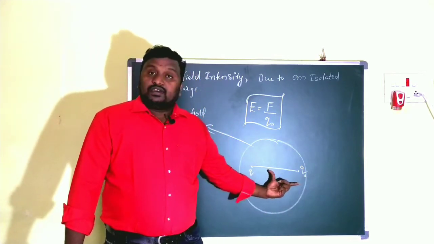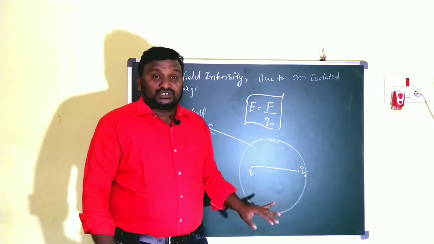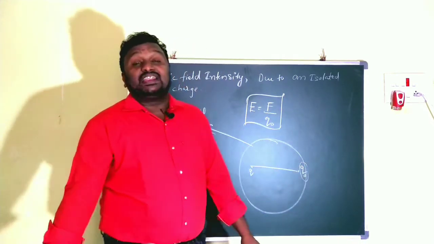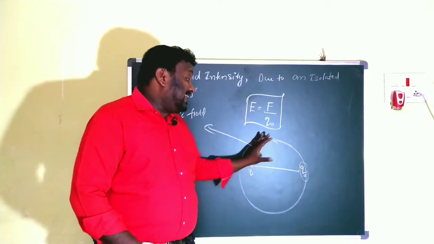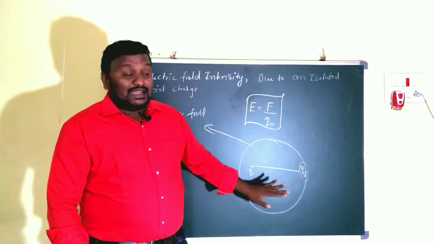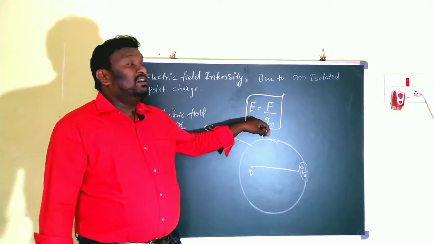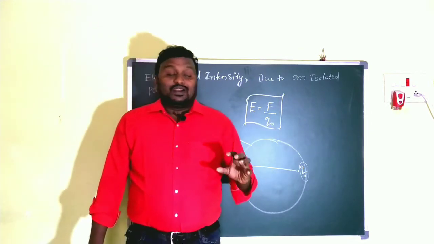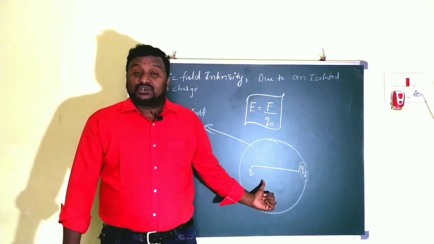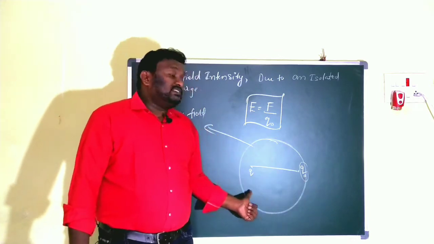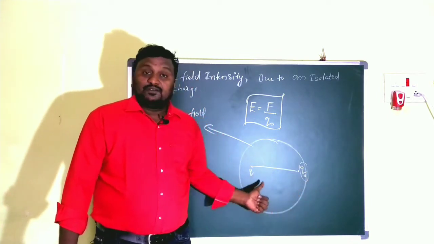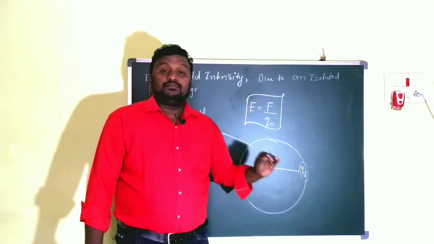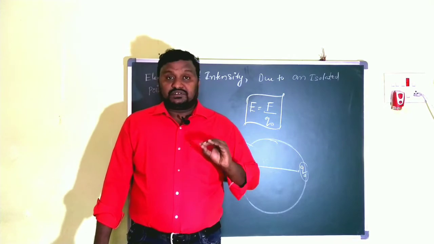Here there is some force acting on this Q naught because of this electric field. That amount of force is what we call electric field intensity. Got this point, children? Q is the charge and this boundary circle is simply the field of Q. In that field we are keeping Q naught, the positive test charge.